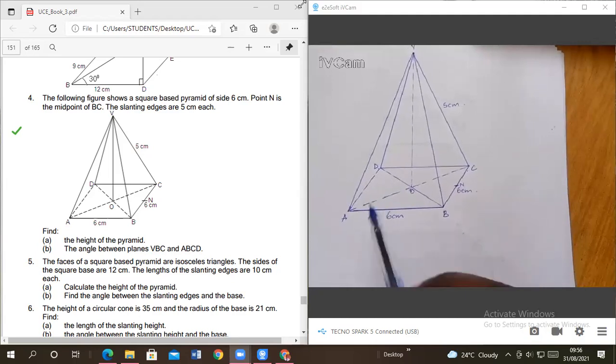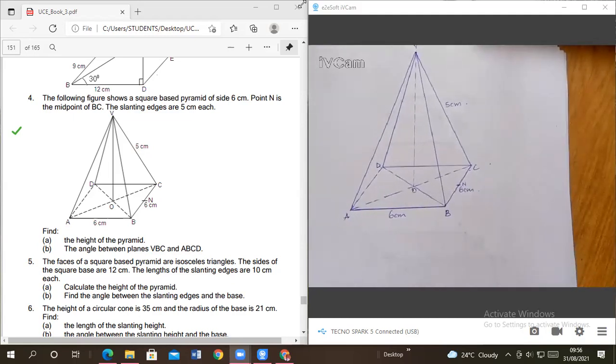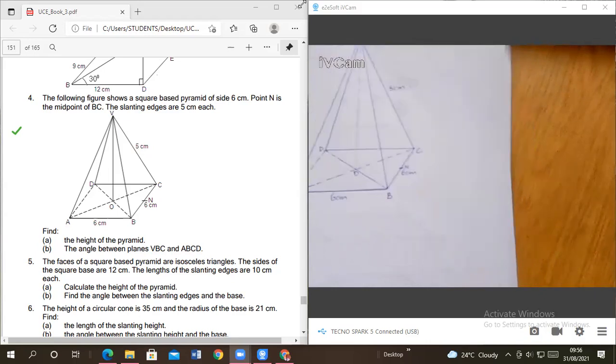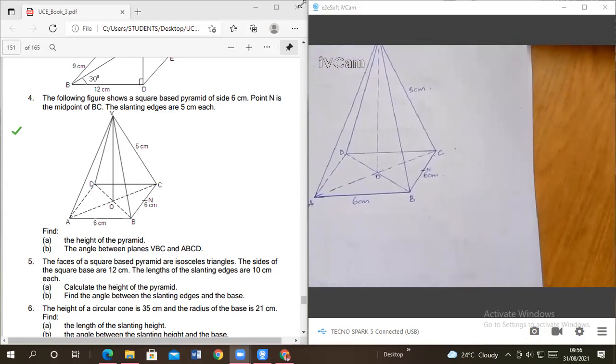You have to first find the line AC. Let us first find the line AC, and then someone else will tell us what will be the next step. What will be the next step?